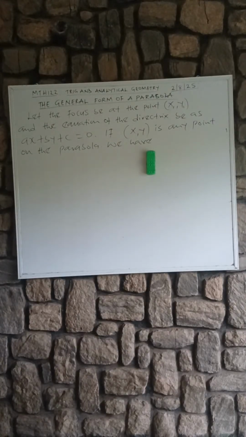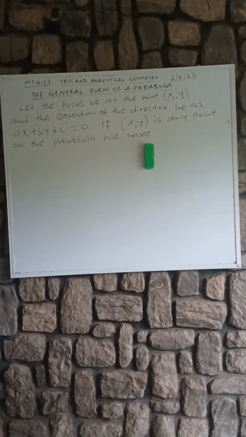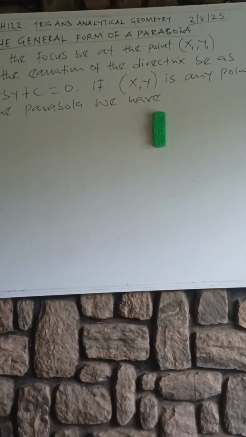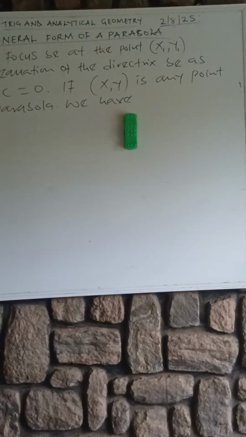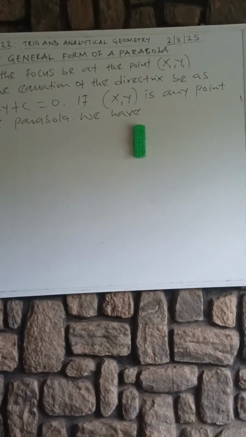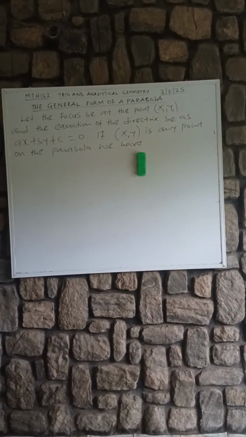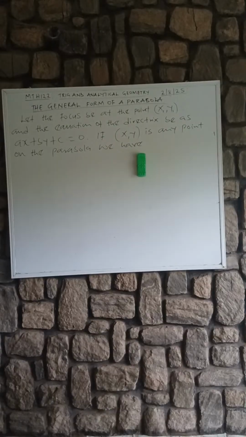Hope you are seeing the board clearly. The statement you are supposed to comment on is to either say, yeah, this is a parabola, upwardly open or downwardly open or sideways.